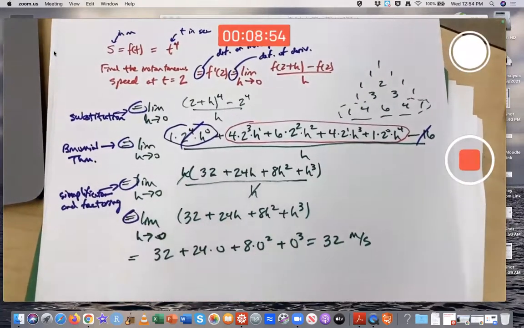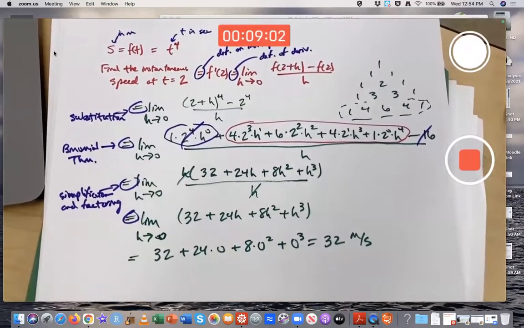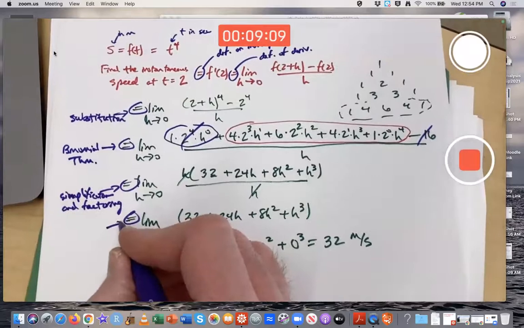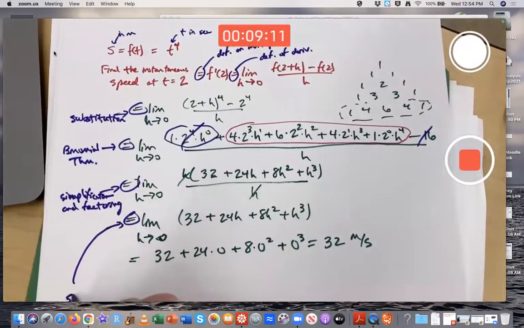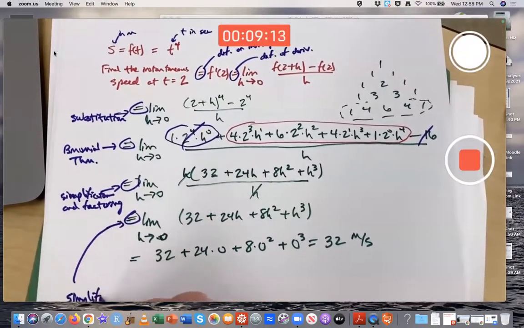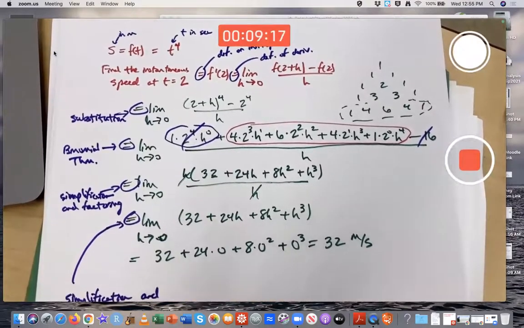This step, though, is tricky. It's not just simplification. It's not just algebra. That's part of the reason, but it's not the whole reason. Let me write simplification and some other reason. I hinted at this on Monday.